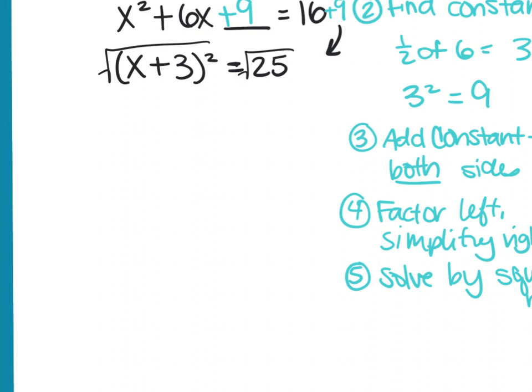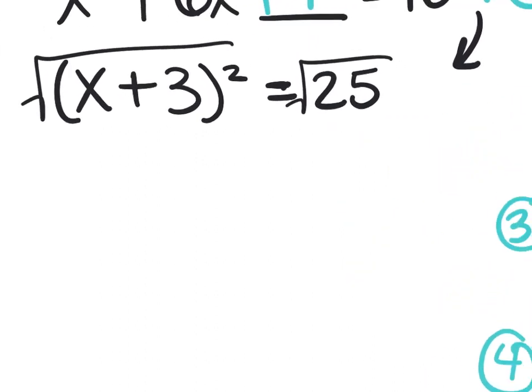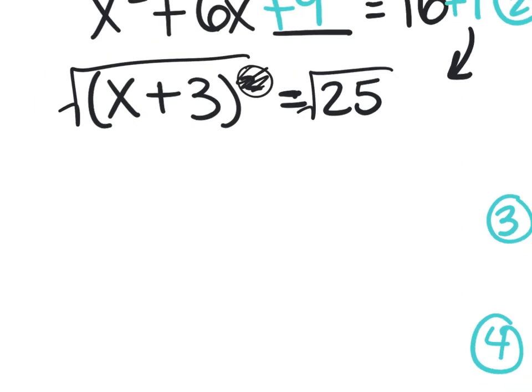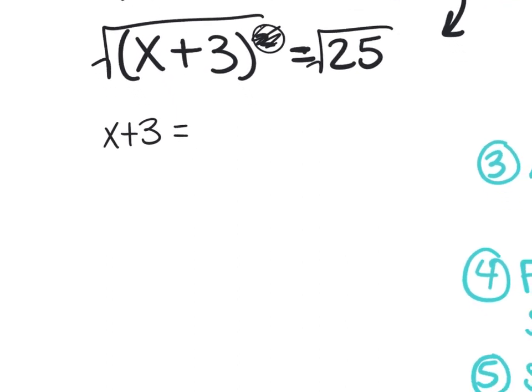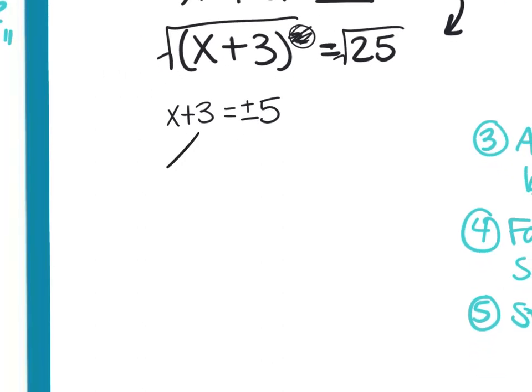Nope, don't type it in. If it's the opposite, it just takes this away. So now it's just x plus 3 equals, now the square root of 25, what's the square root of 25? 5, but what do we say is wrong with just regular 5? Plus or minus.